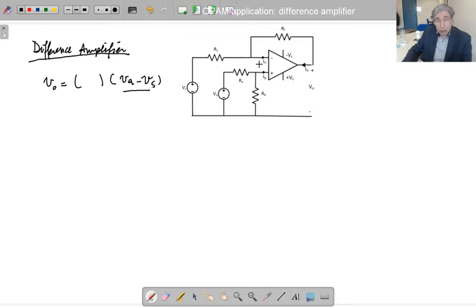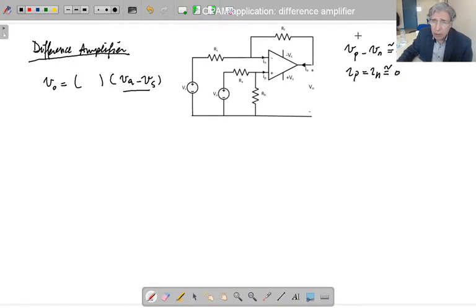But what we do need is the definition relation of this ideal operational amplifier, which is Vp minus Vn is equal to 0, almost 0, let's say. Ip equals In, which is almost 0.